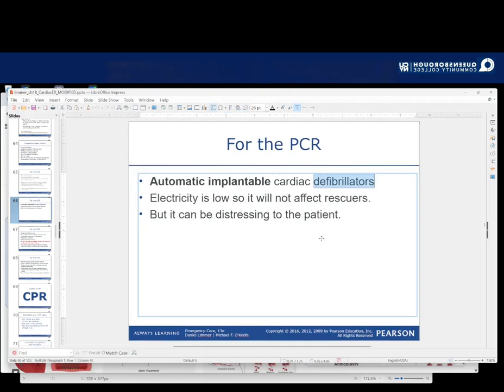Sometimes the patient walks around with their own implanted defibrillator. So it's not an AED, automated external defibrillator. It's an implanted defibrillator. And do they get a massive shock like an AED gives?